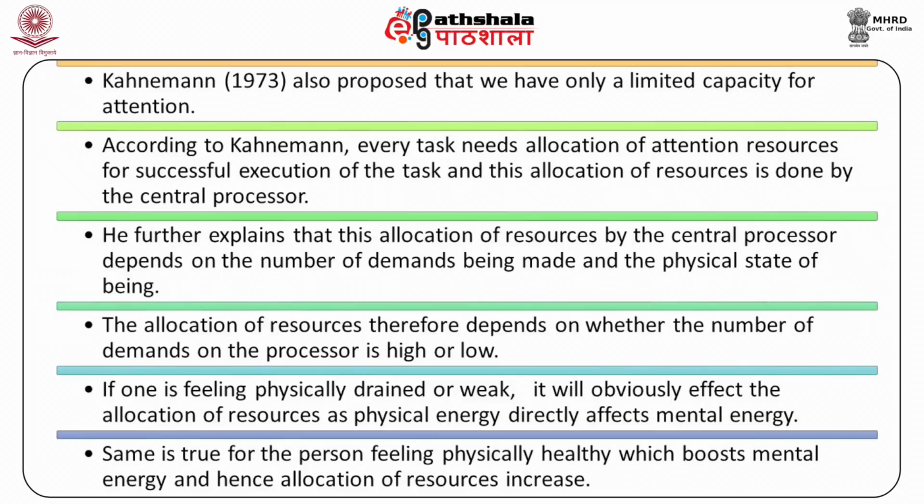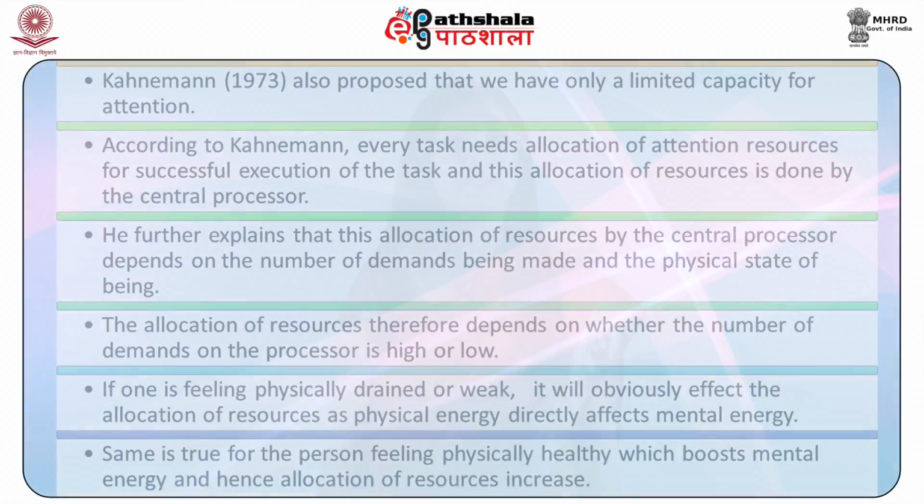If one is feeling physically drained or weak, it will obviously affect the allocation of resources, as physical energy directly affects mental energy. The same is true for a person feeling physically healthy, which boosts mental energy, and hence allocation of resources increases.